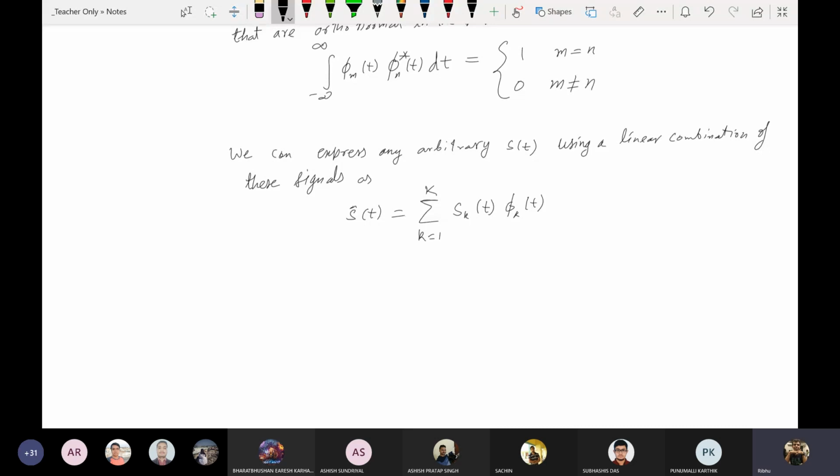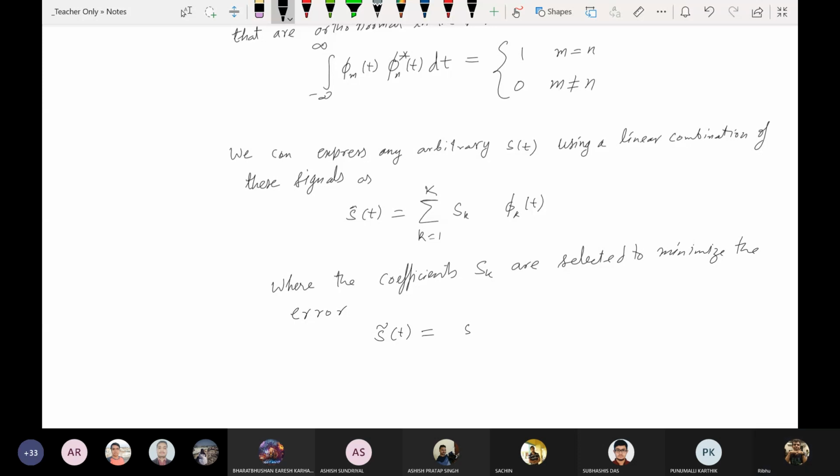Sorry, not s_k(t), simply s_k, where the coefficients s_k are selected to minimize the error. Fine.